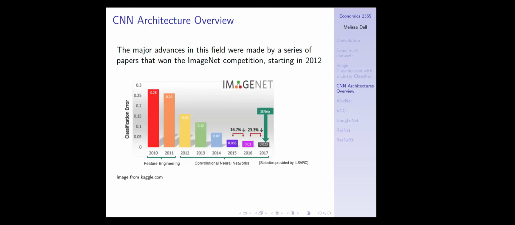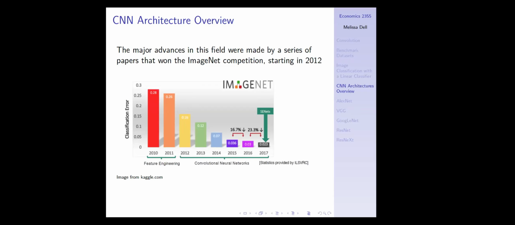Okay, so just to give an overview of what we want to talk about, as I said, this literature revolves around the ImageNet annual challenge. ImageNet was a data set put together by a professor of computer science, Fei-Fei Li, who's now at Stanford.